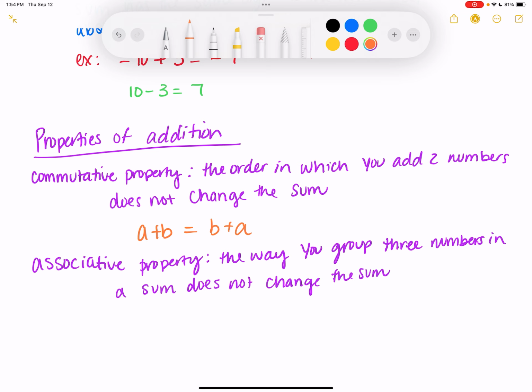So if I had in parentheses A plus B, and then outside the parentheses plus C, this is equal to A plus in parentheses B plus C. So the big thing with this one is that in parentheses, obviously in PEMDAS we do parentheses stuff first. So we would have A plus B and then.